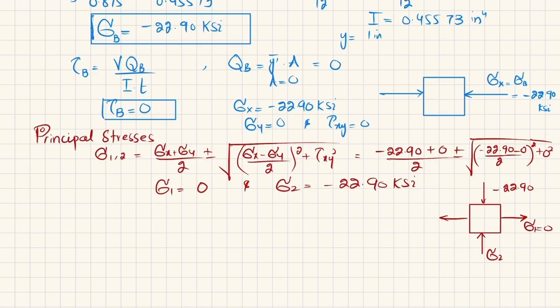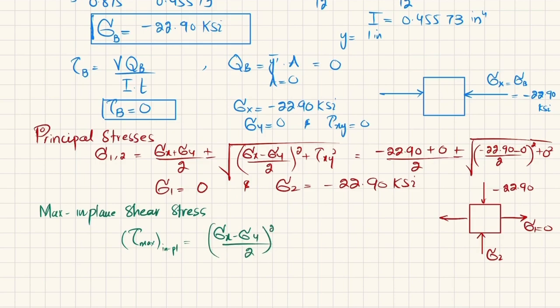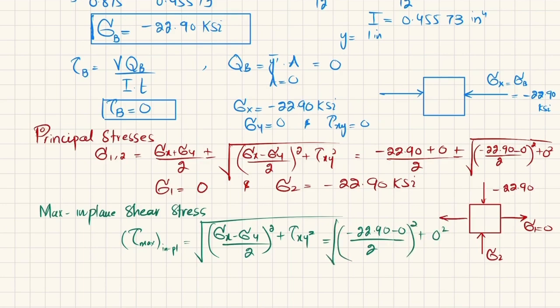Now we will find the maximum in-plane shear stress, which is tau max in-plane, and that is equal to the square root of ((sigma x minus sigma y) divided by 2) squared plus tau xy squared. So just put the values: minus 22.90 divided by 2 minus 0 squared plus 0 squared under the root.